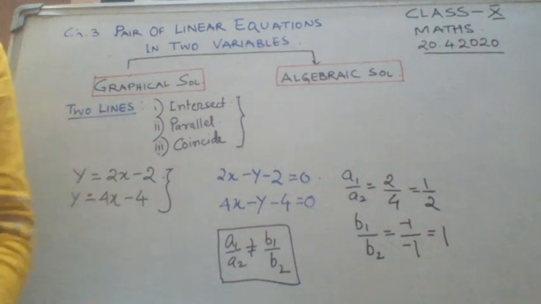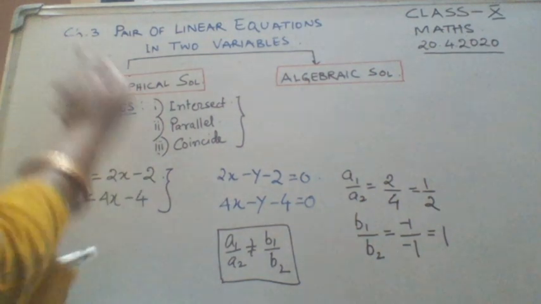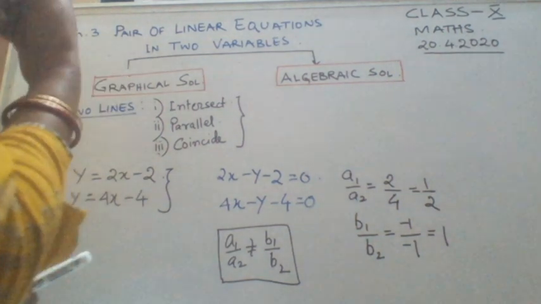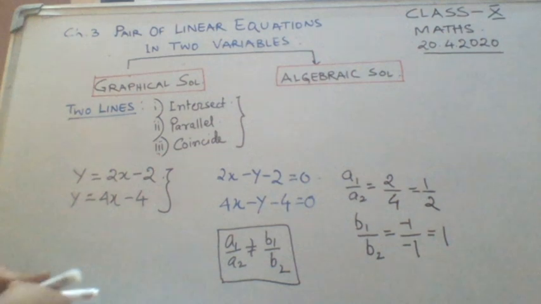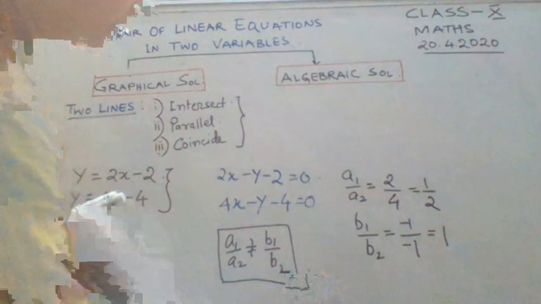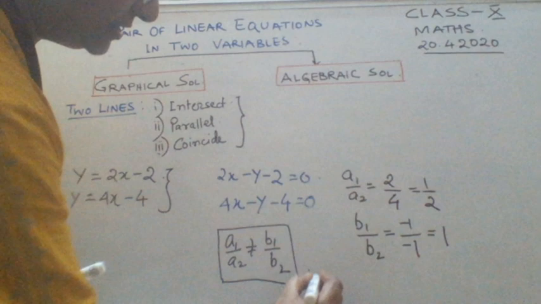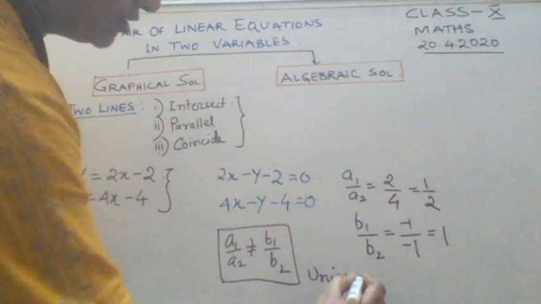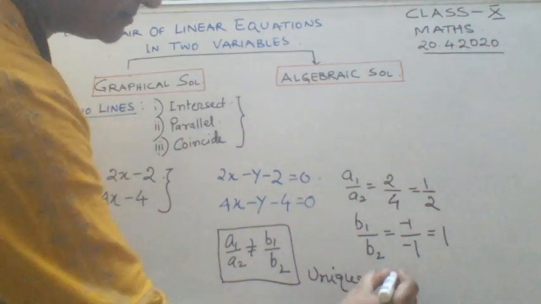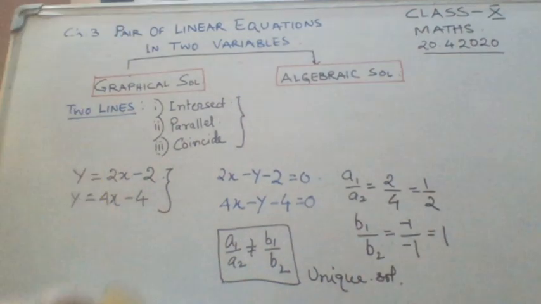Okay, now, so a1 upon a2 not equal to b1 upon b2, again we are going to have intersecting lines. So unique solution, intersecting lines mean a unique solution. Now we will plot these points. So for plotting these points, we will find out the coordinates.